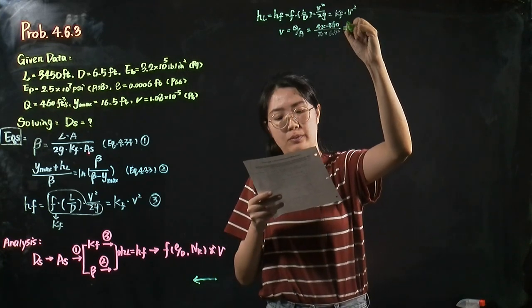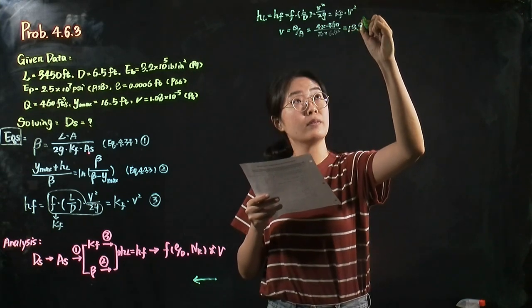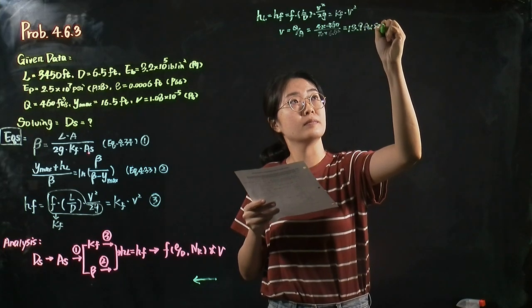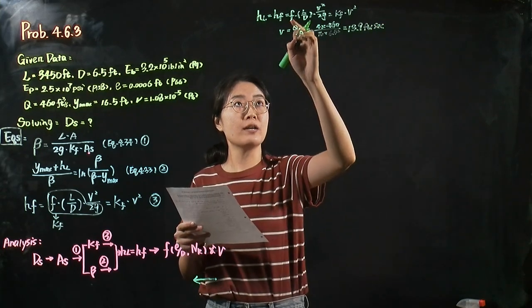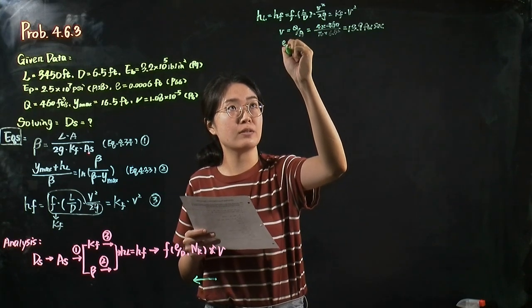It equals 13.9 feet per second. And then we need to determine the friction factor, which is based on the relative roughness.